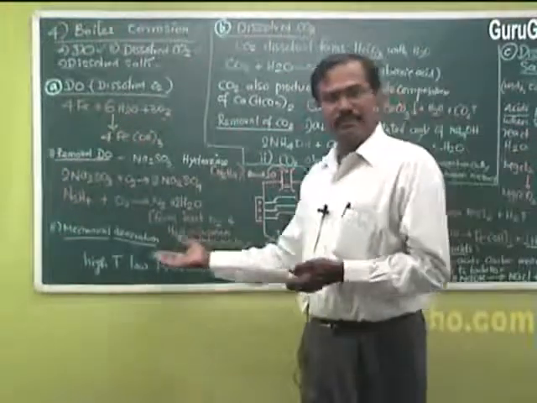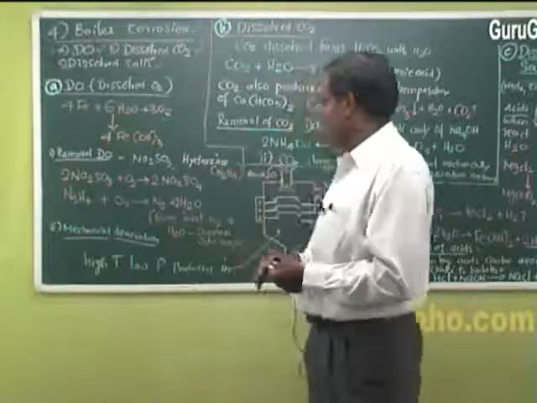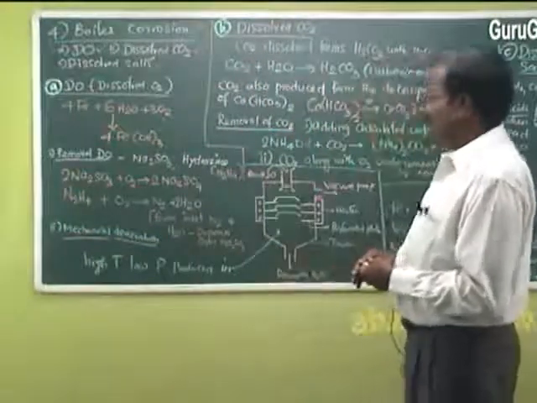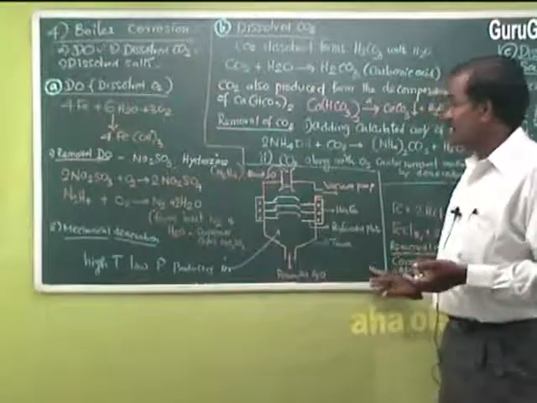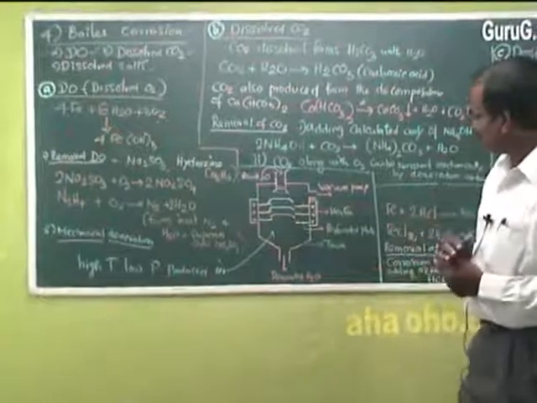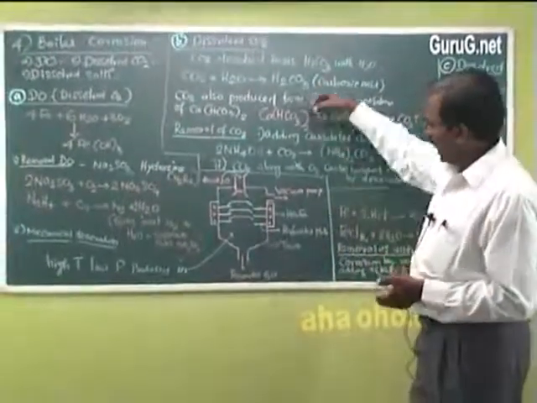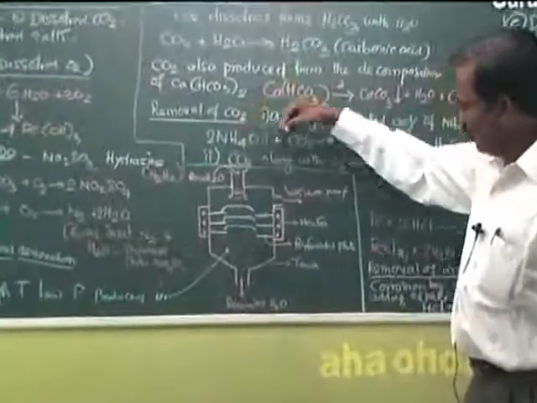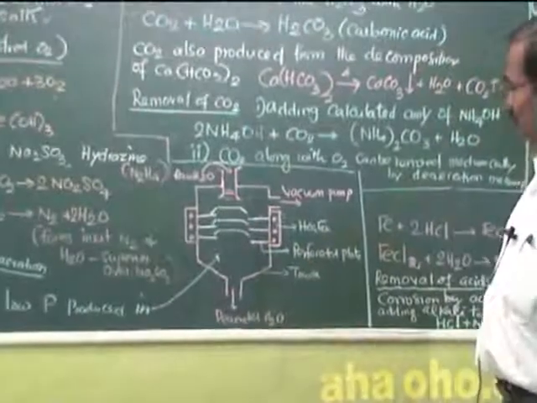Now the second method for the removal of oxygen is mechanical deaeration. And for that we have this setup, the mechanical deaeration setup. So this is a tank, a tower, having raw water feed at the top and deaerated water obtained at the bottom.